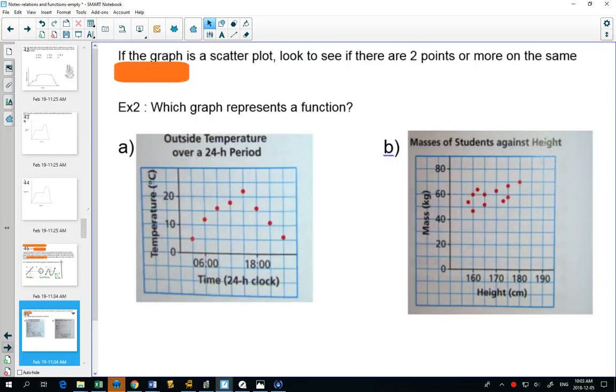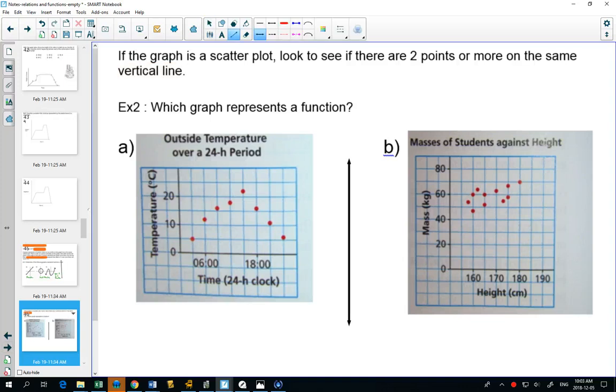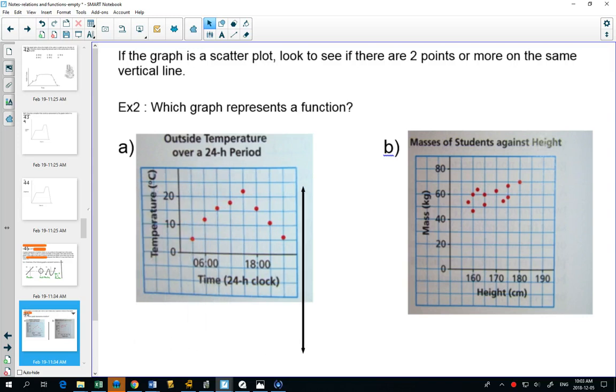If a graph is a scatter plot, you can still use the vertical line test. Draw your vertical line. Check each point. Only hit one, only hit one, only hit one, one, one. This one will be a function. But over here, is there any place I could put my vertical line that would hit more than one point?